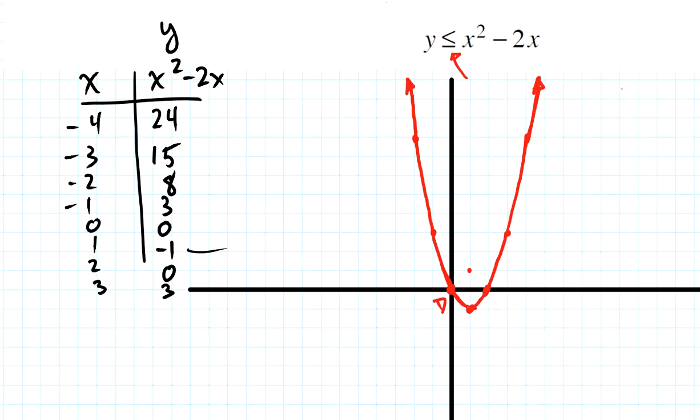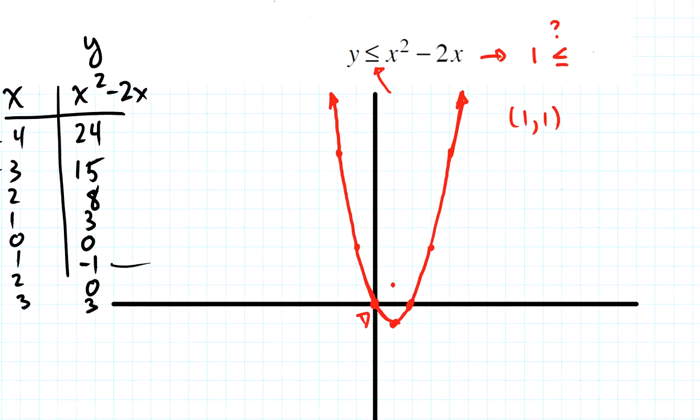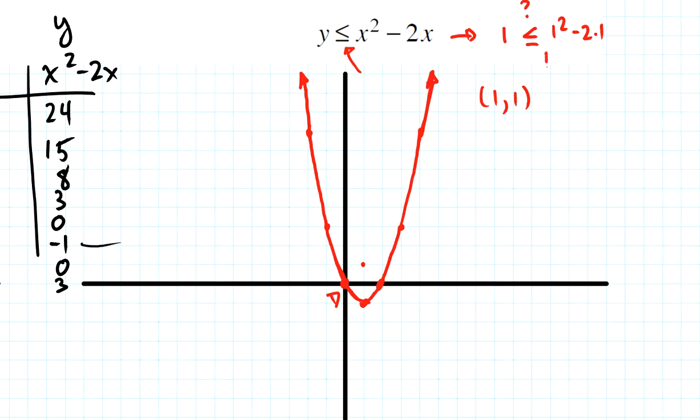If I plug x is 1 and y is 1 into this inequality, that would translate to this. I would be saying is 1 less than or equal to 1 squared minus 2 times 1? In other words, is 1 less than or equal to 1 minus 2, which is negative 1?